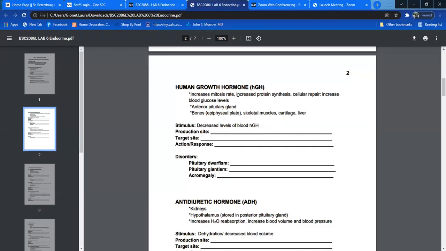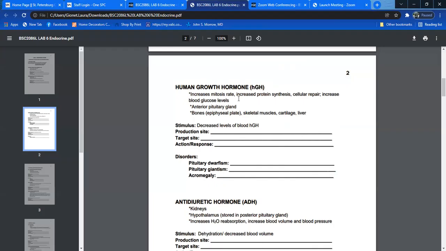So yes, to a certain extent, human growth hormone is going to increase blood glucose levels, but it's not going to be the hormone that's released with varying levels of blood glucose. When you have high and low, above and below the normal glucose ranges, we primarily use insulin and glucagon.